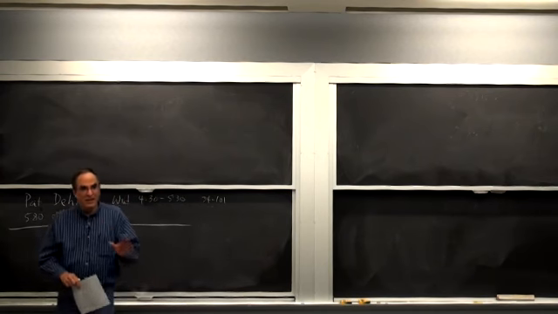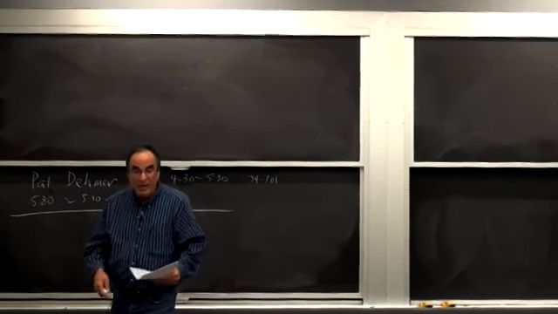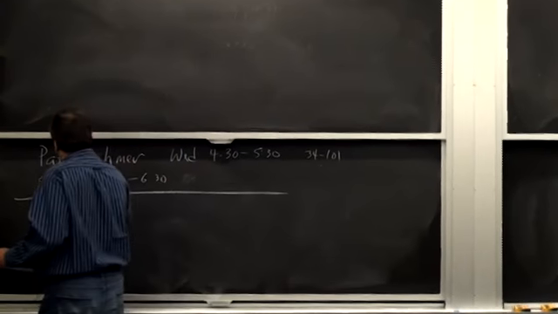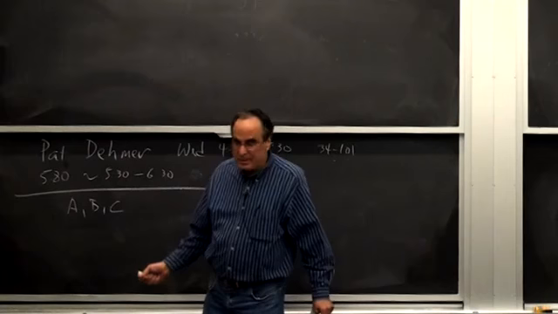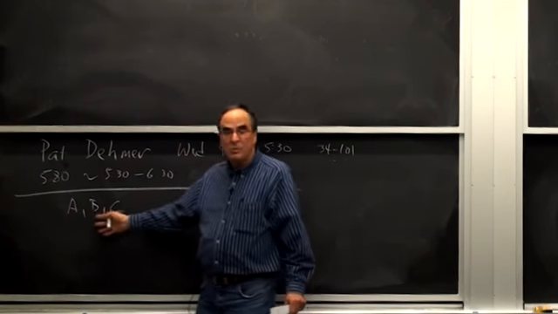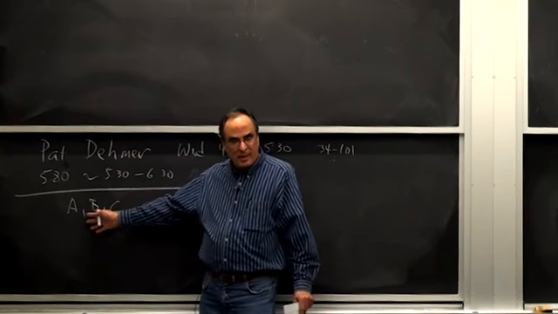Last week, we talked about rotation, and depending on what kind of a top, you can at most get the three rotational constants, A, B, and C. That gives you some information about the geometry of the molecule.